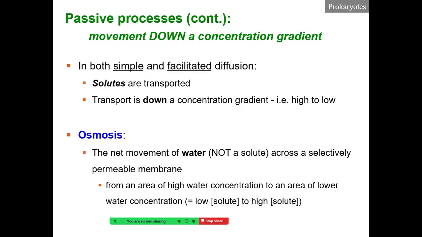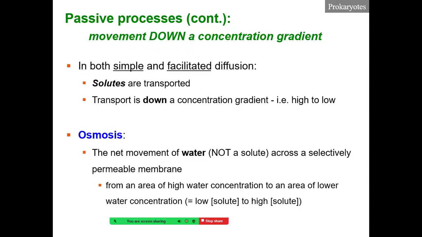Water always moves from areas of high concentration to areas of low concentration. Now you should note that although it's water moving from areas of high concentration to areas of low concentration, we define the tonicity not by the concentration of water, but by the concentration of the solute.